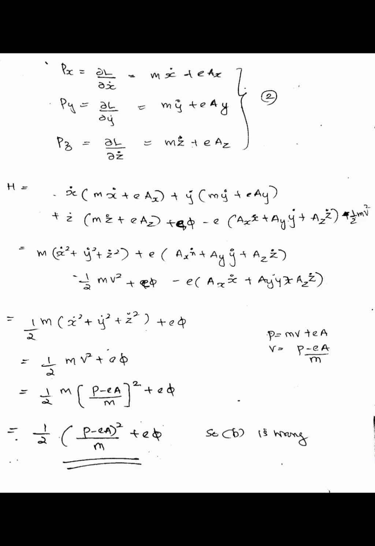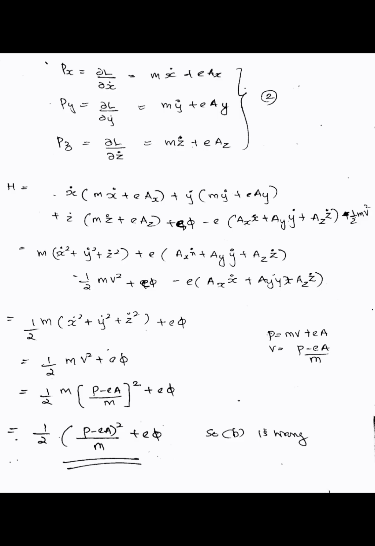Substituting these equations in the above equation, we can rewrite the Hamiltonian as x dot into (m x dot plus e Ax) plus y dot into (m y dot plus e Ay) plus z dot into (m z dot plus e Az) plus eφ minus e (Ax x dot plus Ay y dot plus Az z dot) minus ½mv².